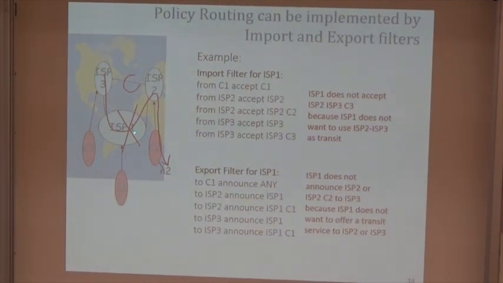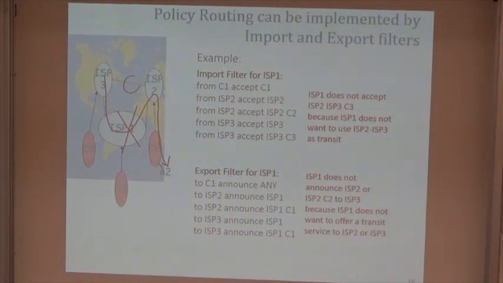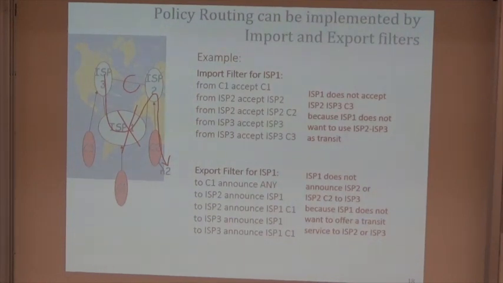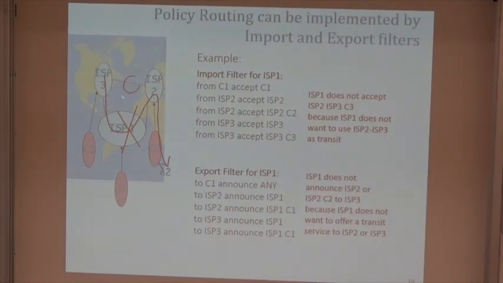Now we can say, why does ISP1 not want to do that? Well, that could be for the converse reason. ISP3 was trying to save on the cost of the transocean link by cheating and using someone else's link, but the opposite arguments may be true. If you are a company like Swisscom or AT&T, you have a lot of infrastructure, you sell it at a given price, you want to be sure that customers get the service for the price that they pay.